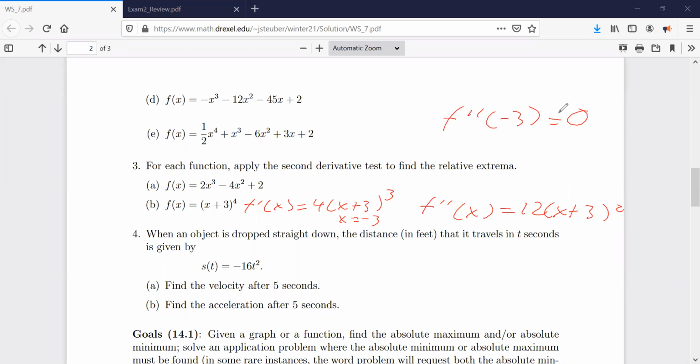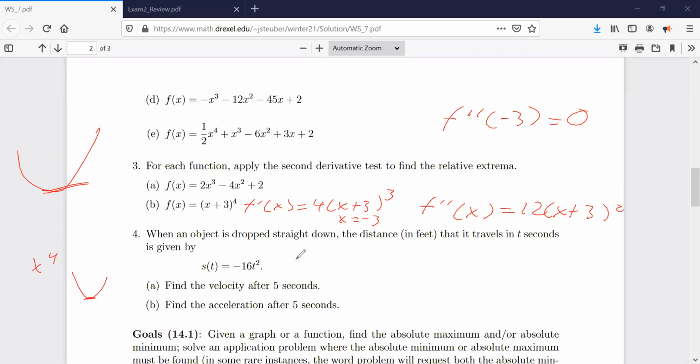It turns out this is going to be a relative min, and if you just picture what's going on here, it's going to be pretty easy to see. This is basically like a steep parabola, and x to the 4th is kind of a go-to example of how the second derivative test, if it spits out 0, you don't know what's happening.